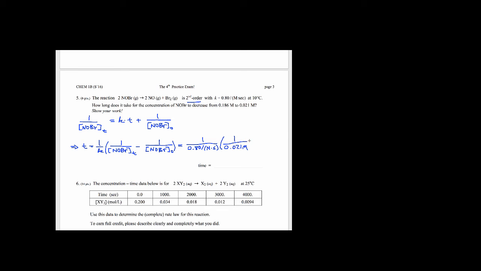Then we subtract the 1 over concentration of NOBr at time 0, which is 0.186 molar. We just do the math on that, and that works out to be 53 seconds.